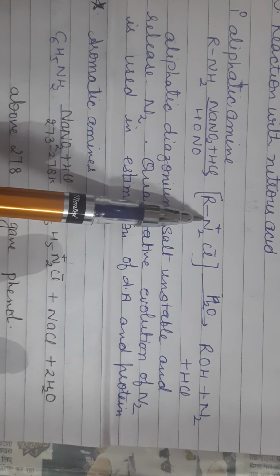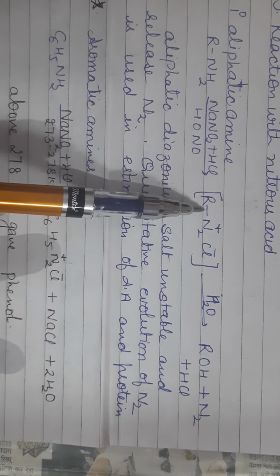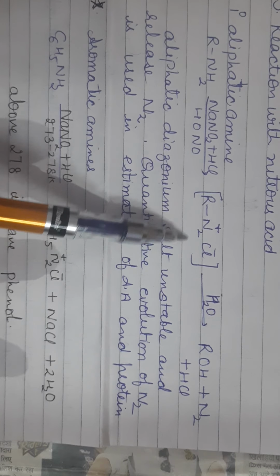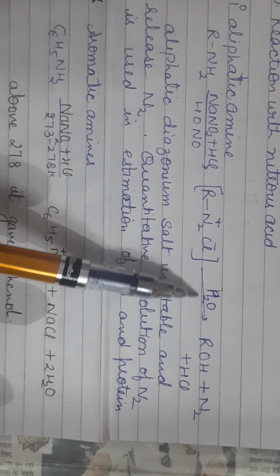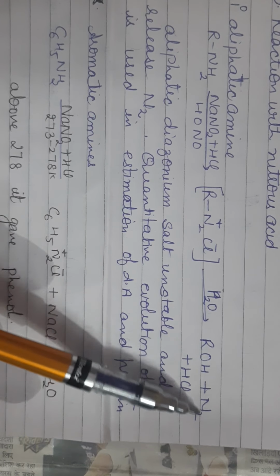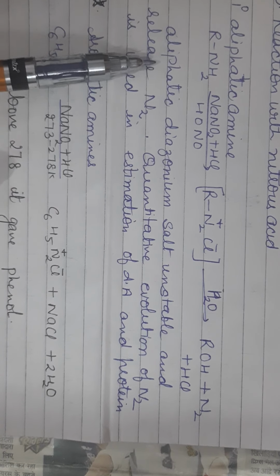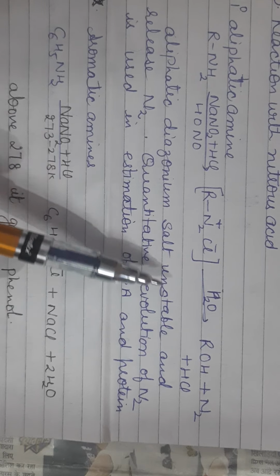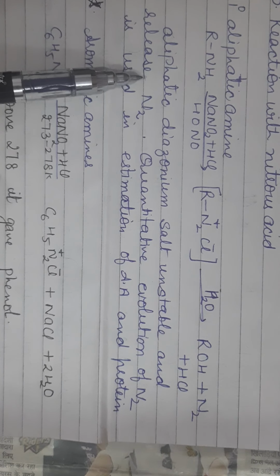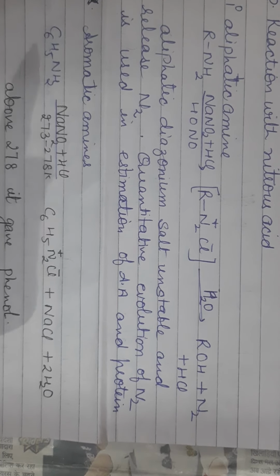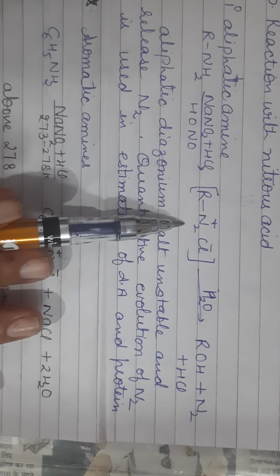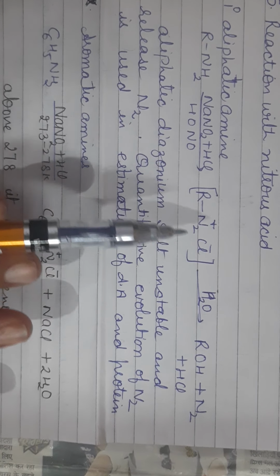We get aliphatic diazonium salt, which is unstable, and it undergoes hydrolysis and gives alcohol, N2 and HCl. Aliphatic diazonium salt is unstable because it releases stable molecule N2, because there is no resonance, there is no stabilization of this molecule.